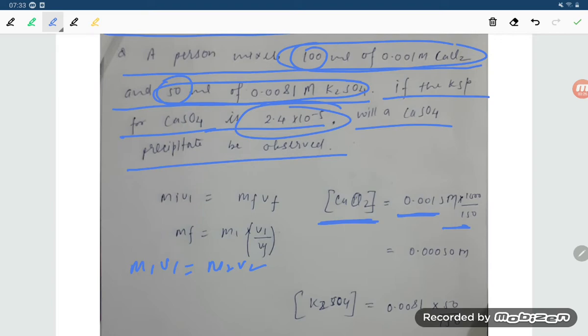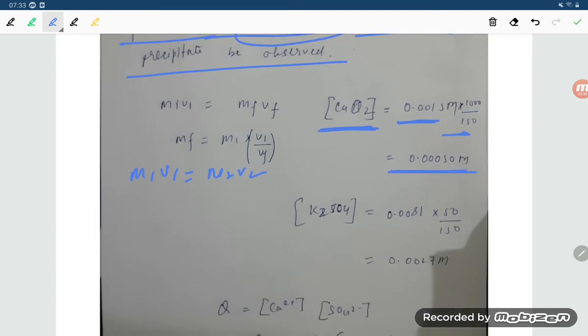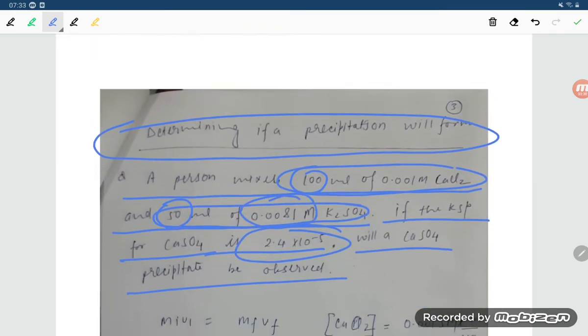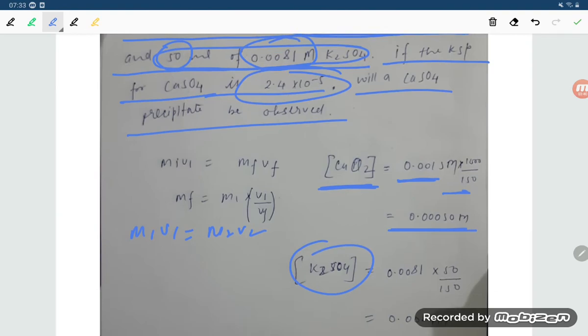Okay, and so the value is coming 0.00050, and for potassium sulfate, the same way you can see here the concentration is 0.0081, then its volume is 50 ml divided by total volume.